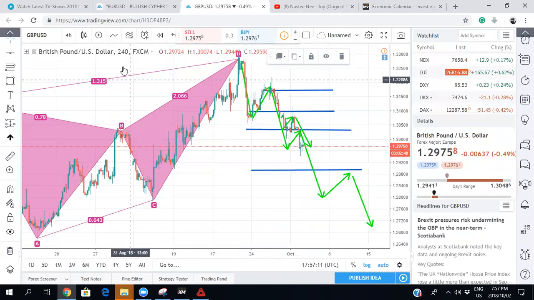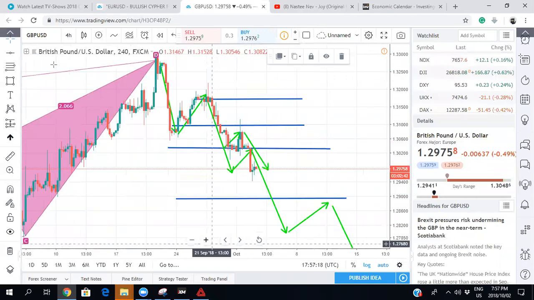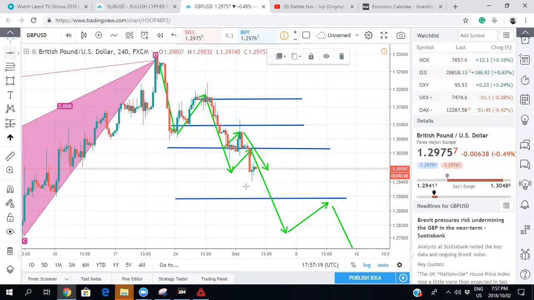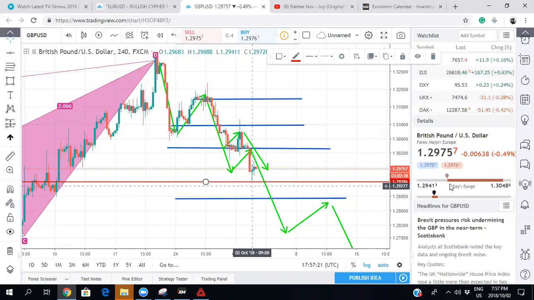So if you're attending with us right now, sell GBP USD, you got a free signal. Sell GBP USD all the way to this support over here, 1.29396. Take profit is 1.29396. That is your ultimate take profit.